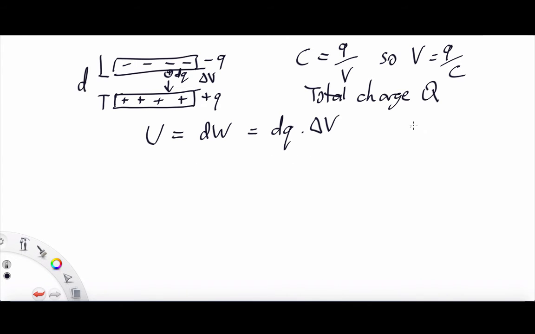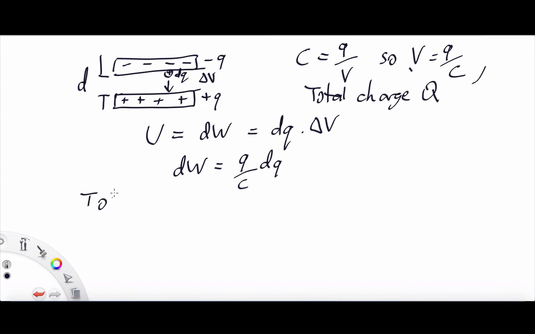Now the other thing we know is that V equals Q over C. So we have dW equals Q over C times dQ. Now that is the energy stored by moving one small bit of charge, dQ.